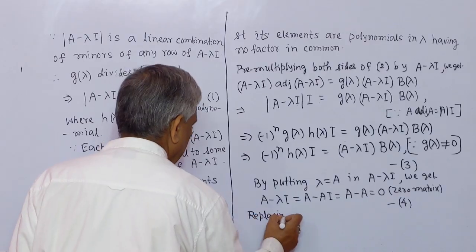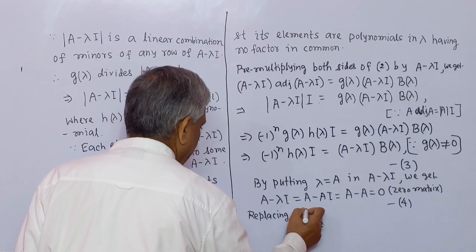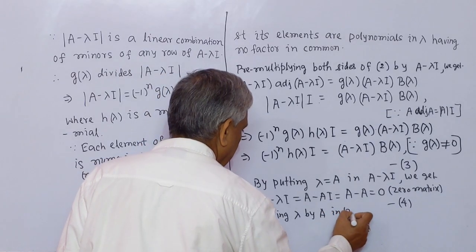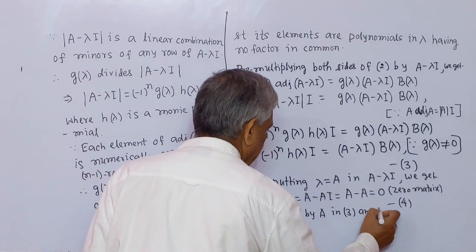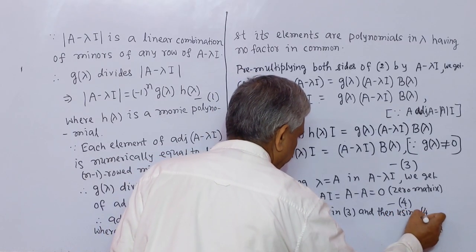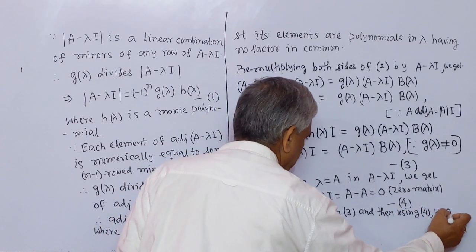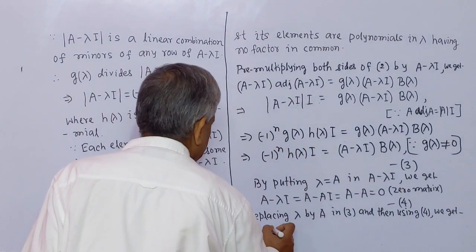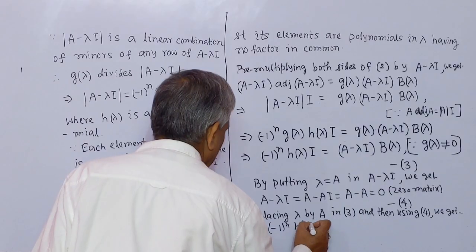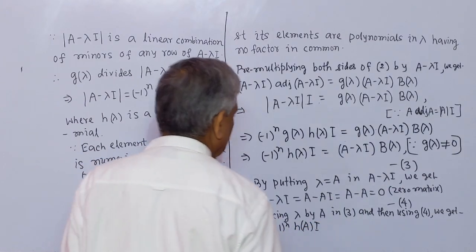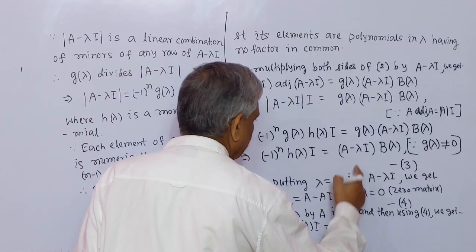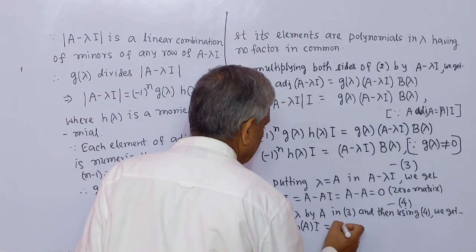Replacing lambda by A in 3, and then using 4, we get (-1)^n H A I equals, this is zero matrix, zero matrix multiply B lambda is zero matrix.